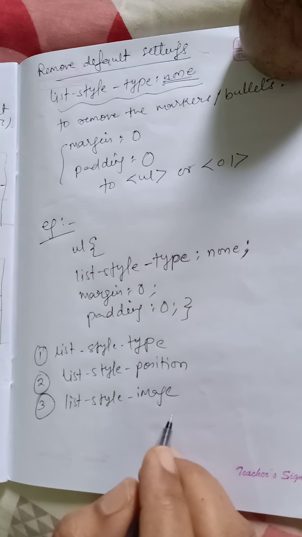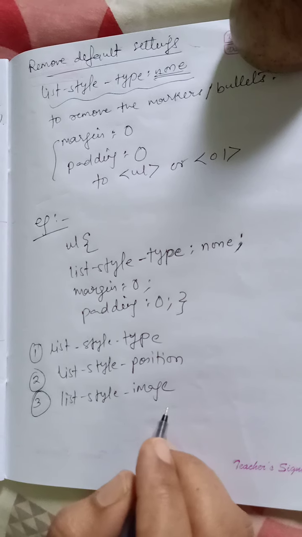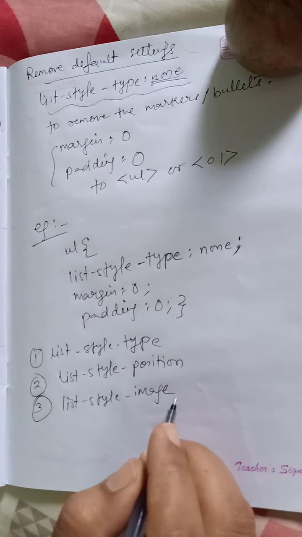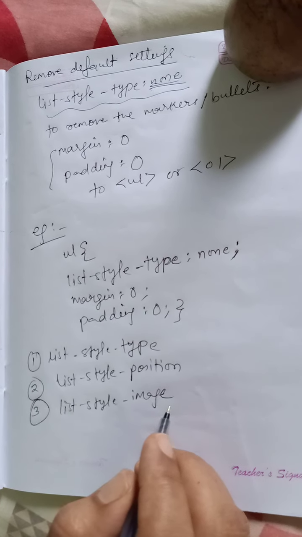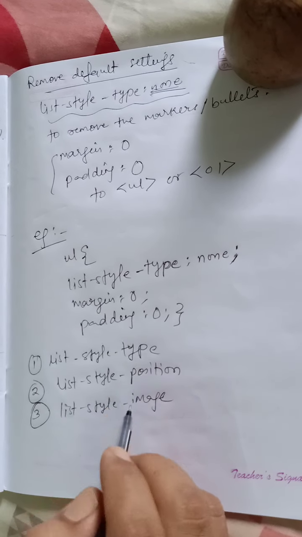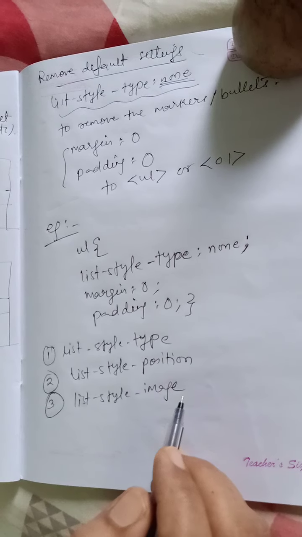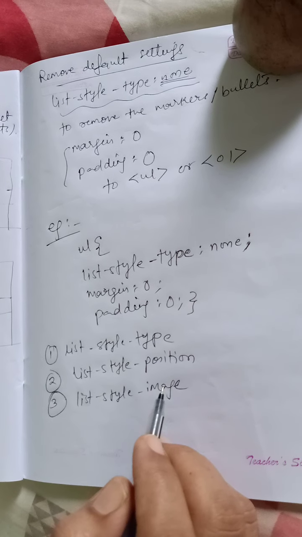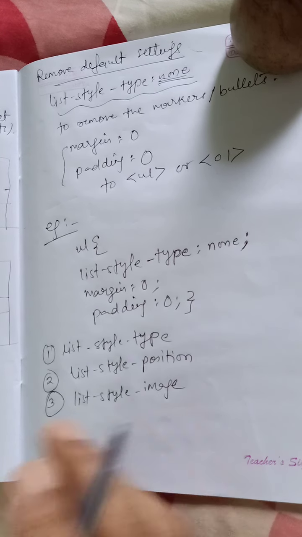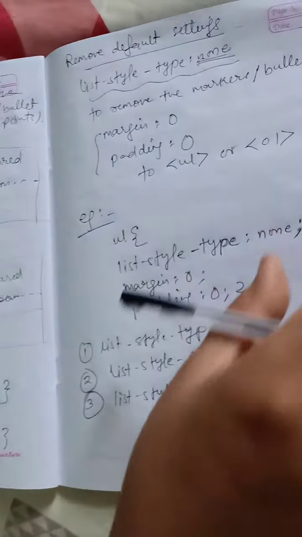So it specifies an image as the list item marker. Okay, if one of the property values is missing, the default value for the missing property will be inserted. Okay, now we'll be discussing styling lists with colors.